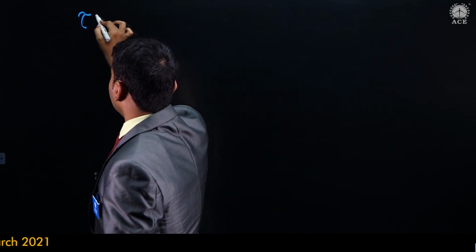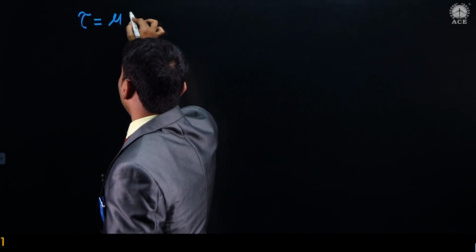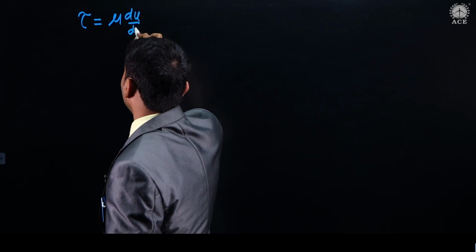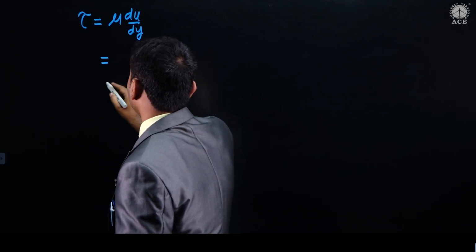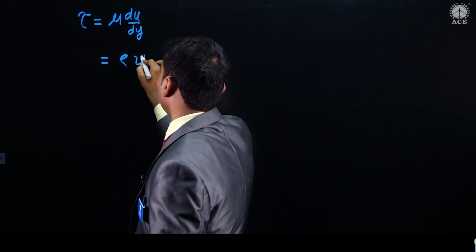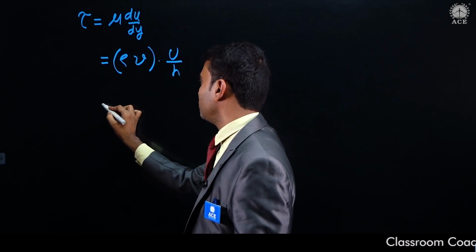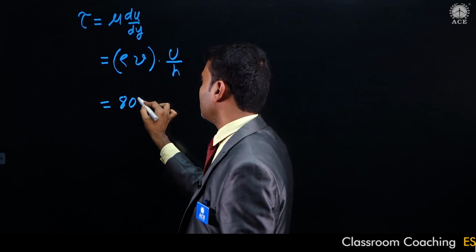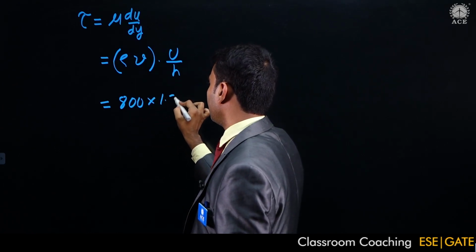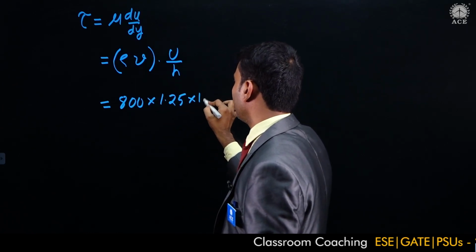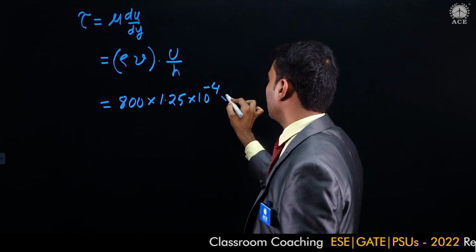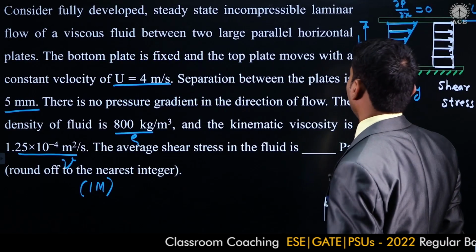So shear stress equal to mu into du by dy. This mu is equal to rho into nu, and du by dy is U divided by h. Now substitute the values. Rho is 800, nu is 1.25 into 10 to the power minus 4, into velocity.